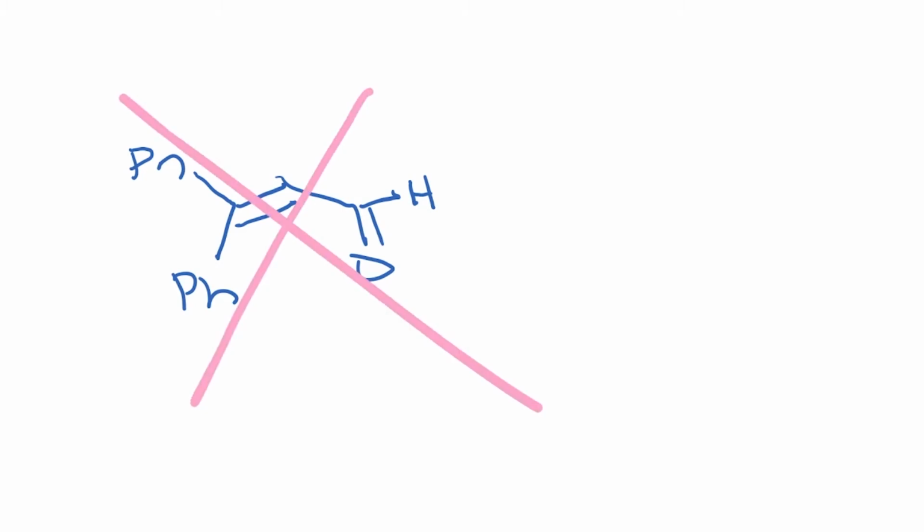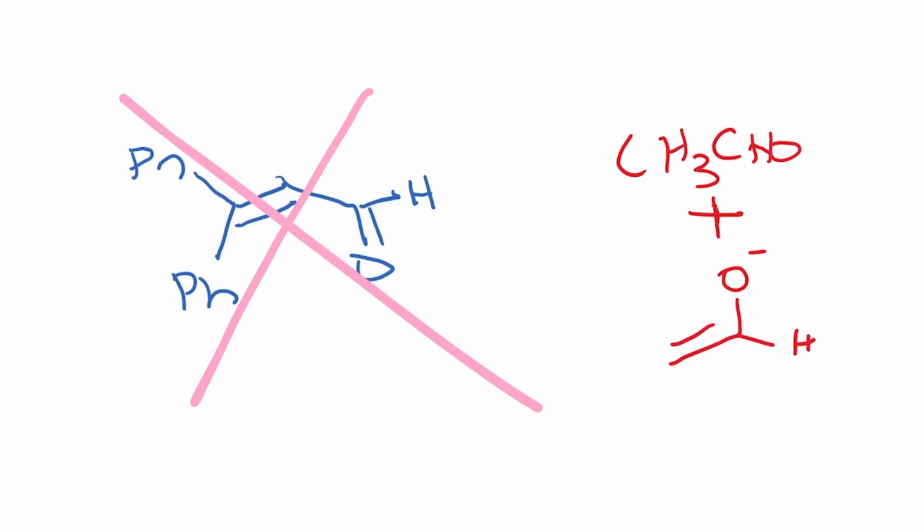So what happens is actually that acetaldehyde reacts with itself, right? And it gives you the self aldol product. So this is the reaction that would occur, and you actually get the self aldol product. Okay.